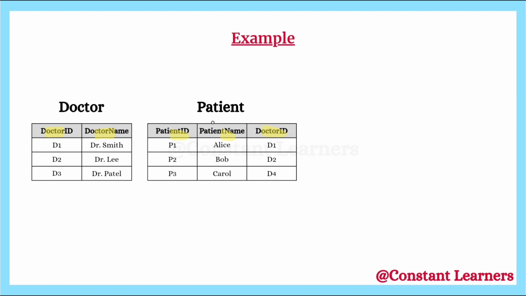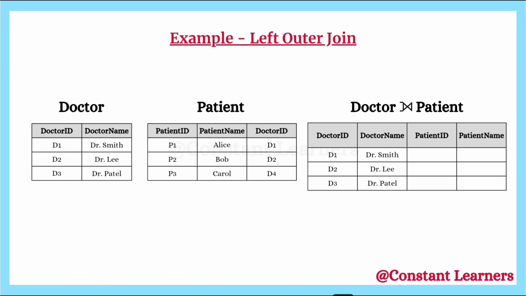Now, in case of the patient table, you will see that the patient P3 Carol has been assigned Dr. D4. However, in the doctor table, there is no record of Dr. D4. Alright, so in this case where the data does not match, what happens, that we will discuss with the help of these examples. First one is left outer join.